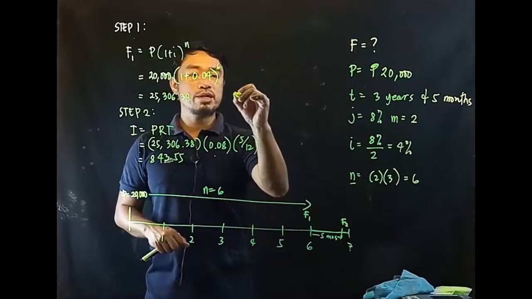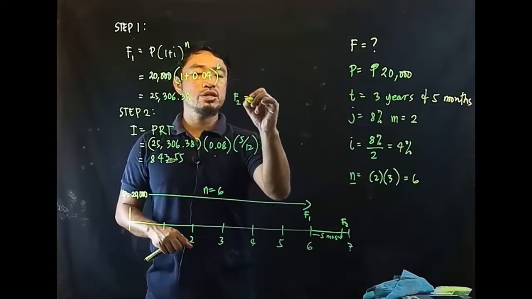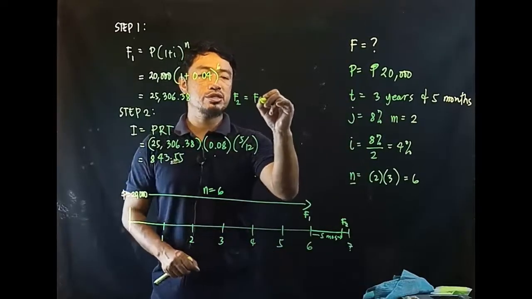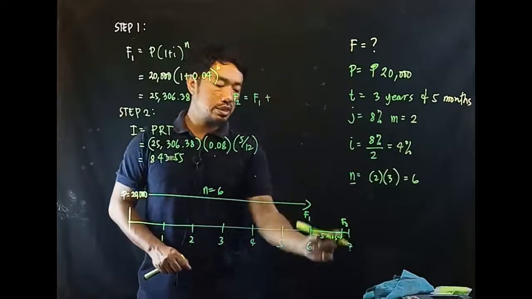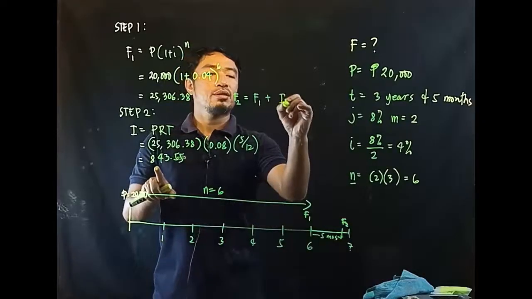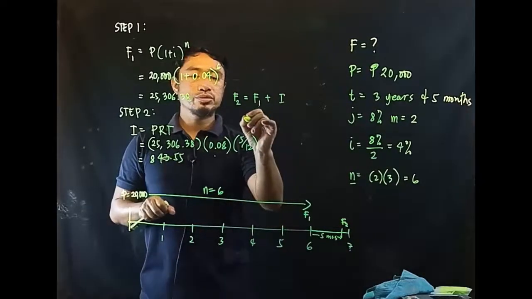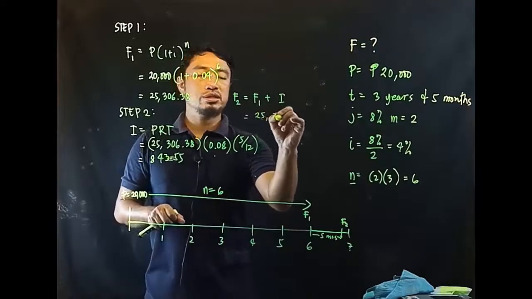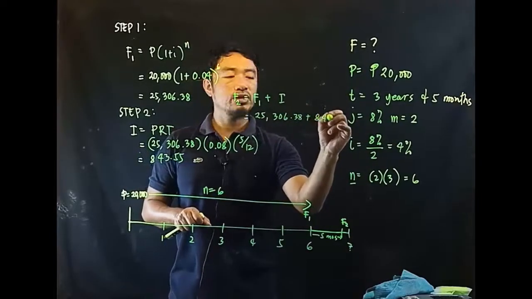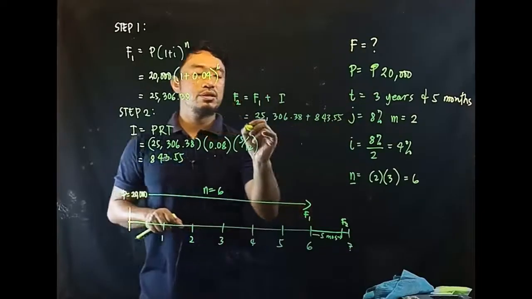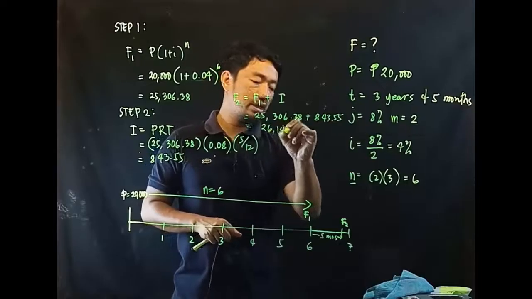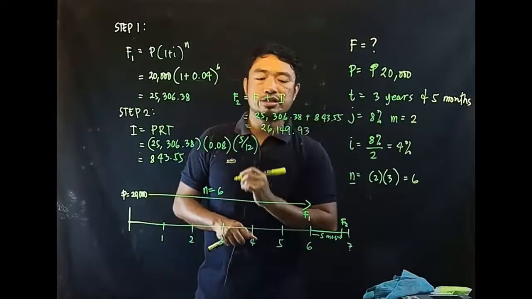Therefore, the true final amount, F2, is equal to the accumulated amount after 6 periods, which is F1, plus the interest gain for the remaining 5 months, that's 25,306.38 plus 843.55, equal to 26,149.93.